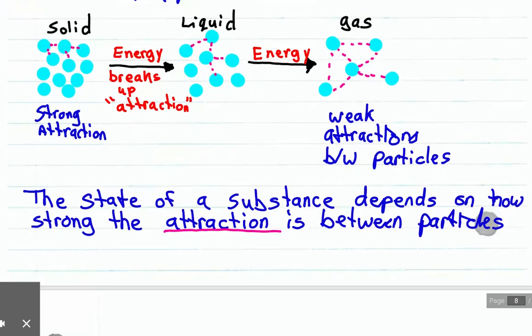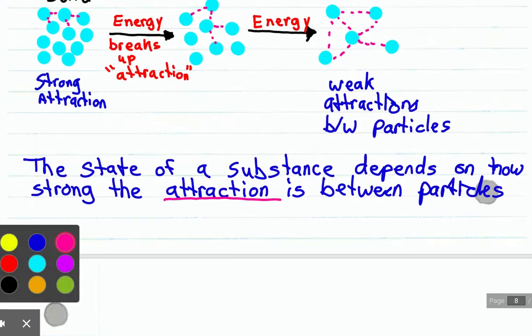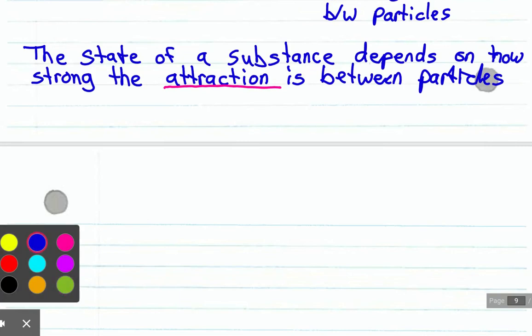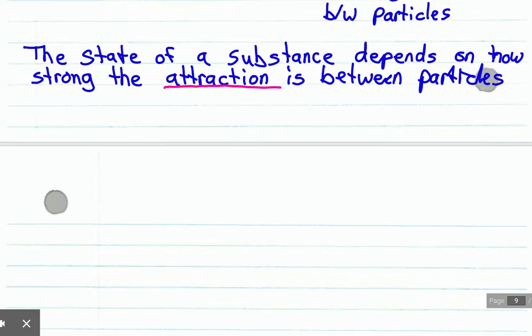Now, something new we're going to add is, now this is new learning, that up to now we've always just told you that these particles have attractions to one another. Today we're actually going to give this attraction a name.